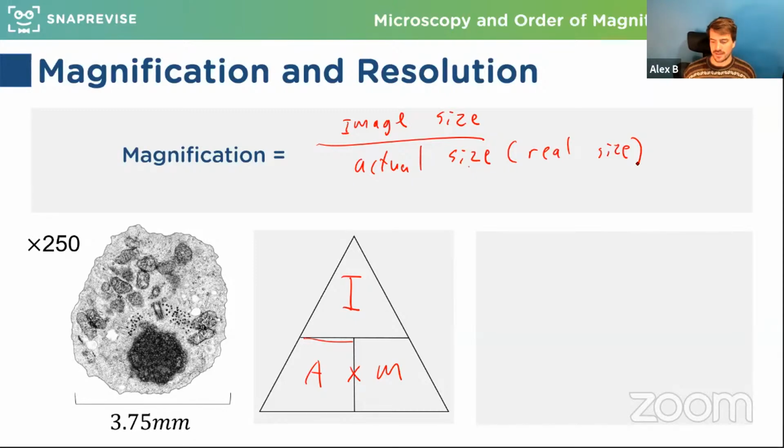So let's do this calculation. What are we looking for in this one? We've got a cell. We've got its image size, although I'd say it's probably not 3.75 millimeters on most of your screens, but let's just pretend that it was. And it's been magnified 250 times. So this is magnification. This is the image size.